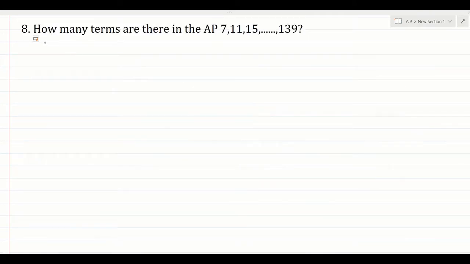Question number 8. How many terms are there in the AP 7, 11, 15 till 139? So here our first term A is 7. Common difference D is 11 minus 7, that is equal to 4. We need to find out how many terms are here altogether.